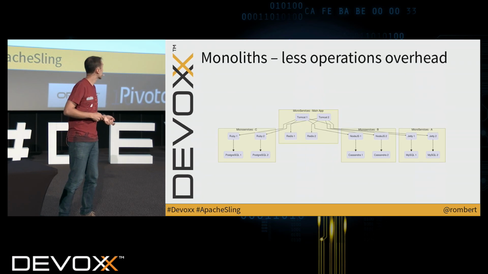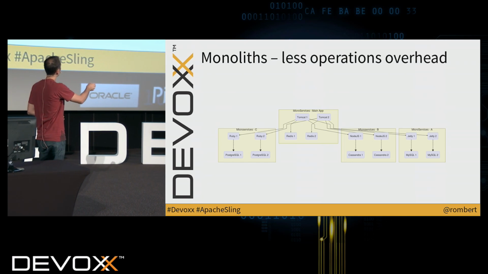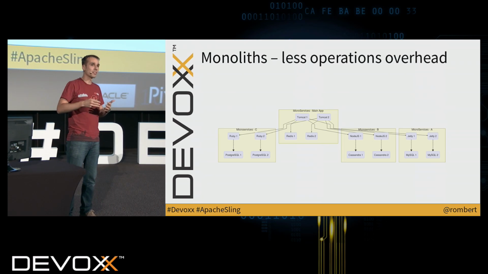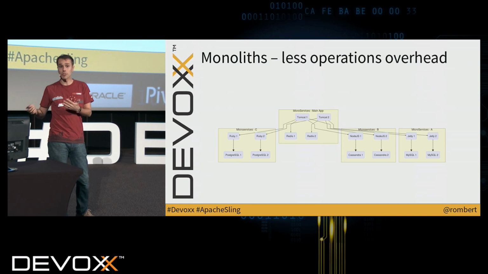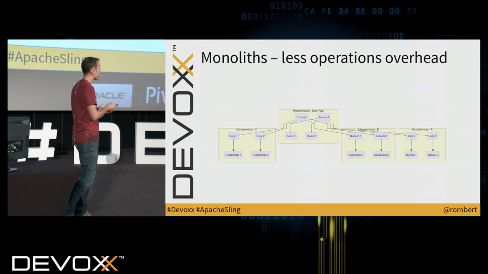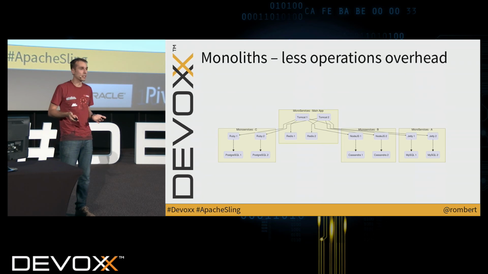But on the other hand, if you get complete freedom and say, well, we have 1, 2, 3, 4 runtimes and 1, 2, 3, 4 persistent technologies, that's an increase that your operations team will take the hit for. And it's not something that comes for free. So again, monoliths are easier to operate.